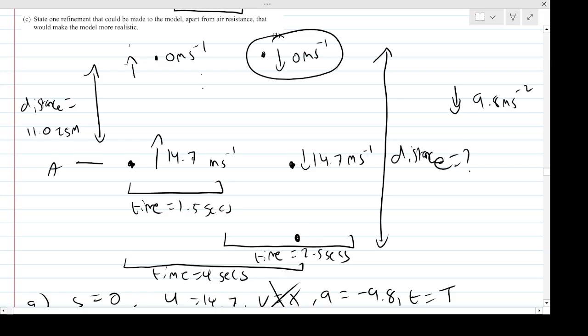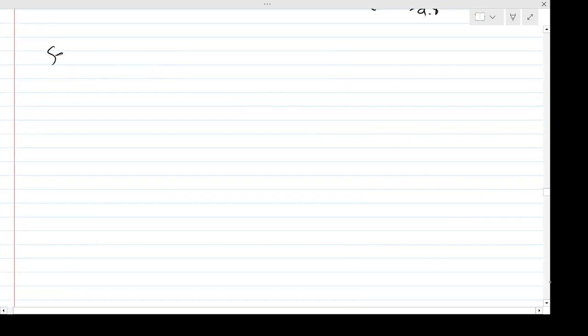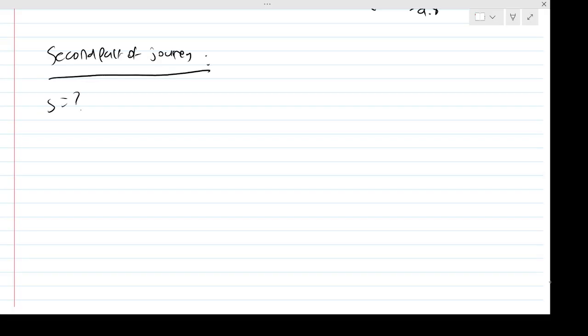Okay. So if I now consider the second part of the journey, when it comes down, again, the distance is what we care about. We know it has to start with 0 speed. If it starts from coming down, it starts from rest. V, I don't care about the final speed. A again.